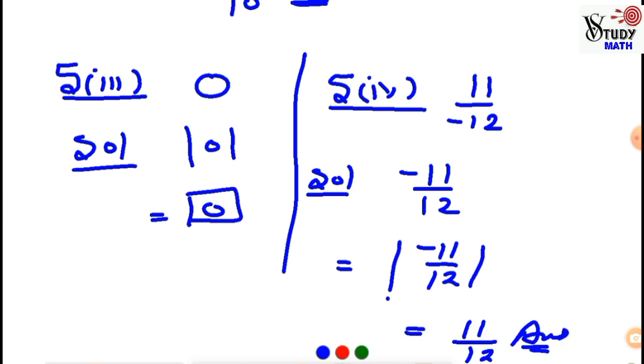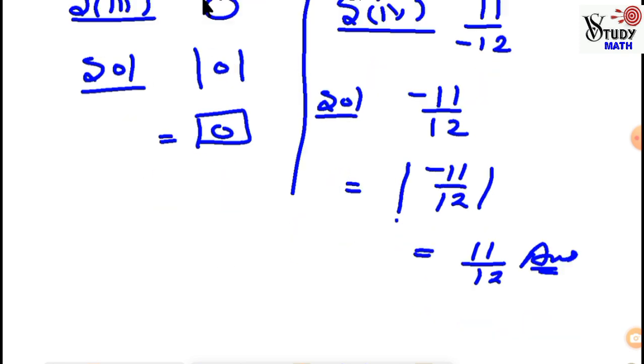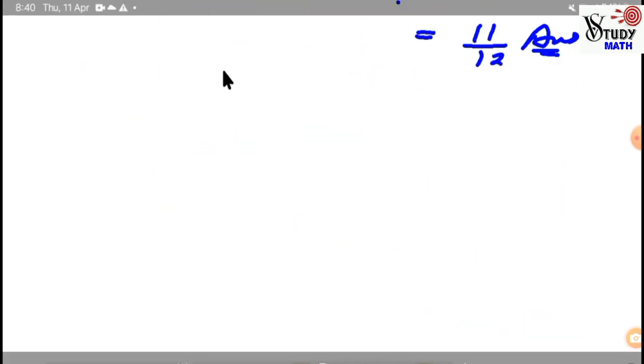Now move to the next question. The next question is a high order thinking skill question, that is called HOTS. Question number 8. Question numbers 6 and 7 are for you; you have to practice them yourself.